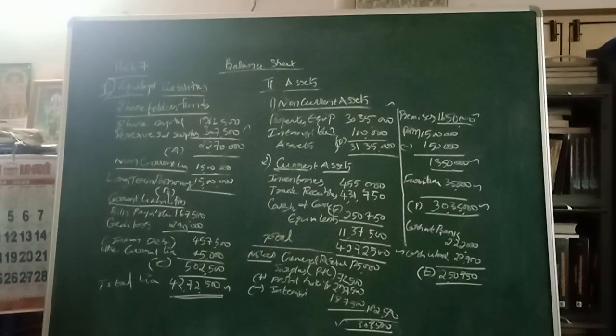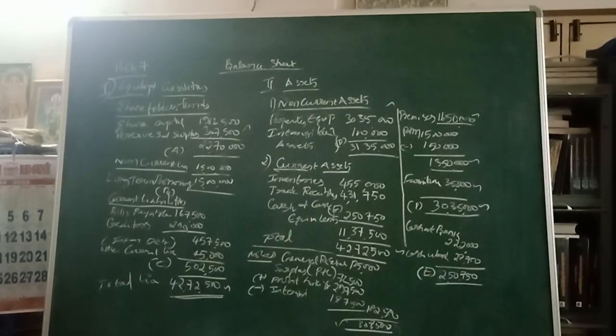Then coming to the adjustments. First point, depreciate plant and machinery by 10%. What is that? Depreciation should be provided. You know very well, as an accounts student, one aspect should be in the balance sheet, another aspect in P&L. Here depreciation is qualified only for fixed assets. Plant and machinery is 15 lakh. 10% depreciation should be taken, that is 1,50,000.